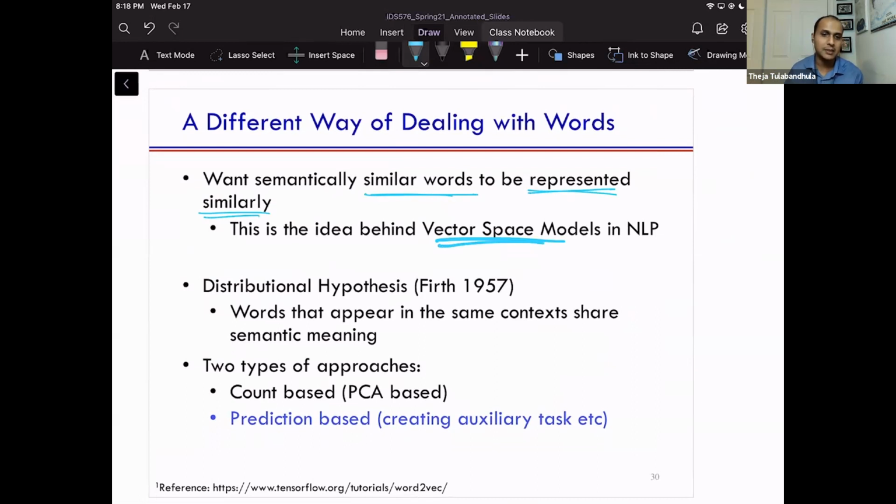Whether you call them vector space models or not, you just want similar words to have similar vectors. So in that sense, if you go back to one-hot encoding, there'll be a one-hot encoded vector for the word cat, a one-hot encoded vector for the word dog, and a one-hot encoded vector for the word aeroplane.